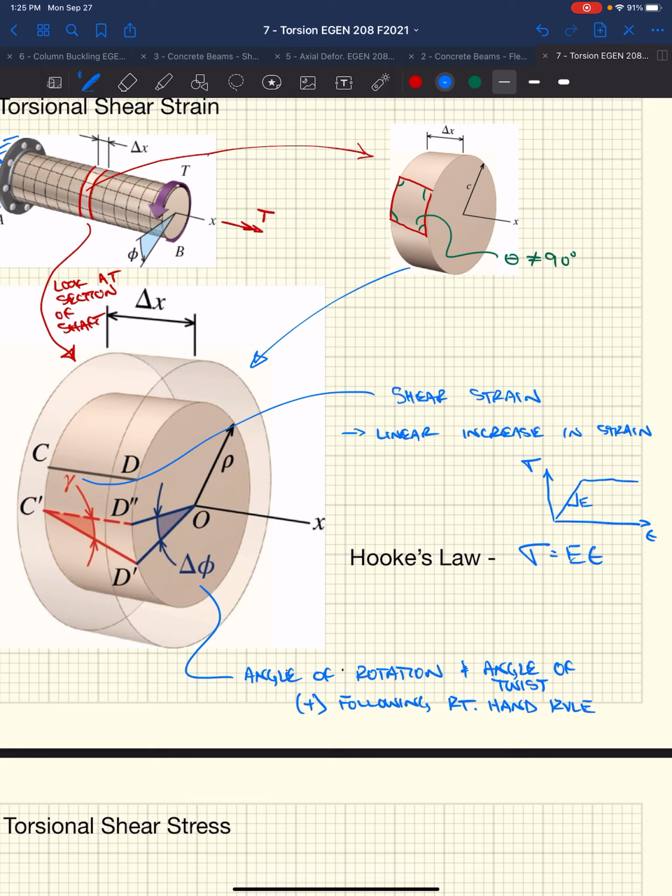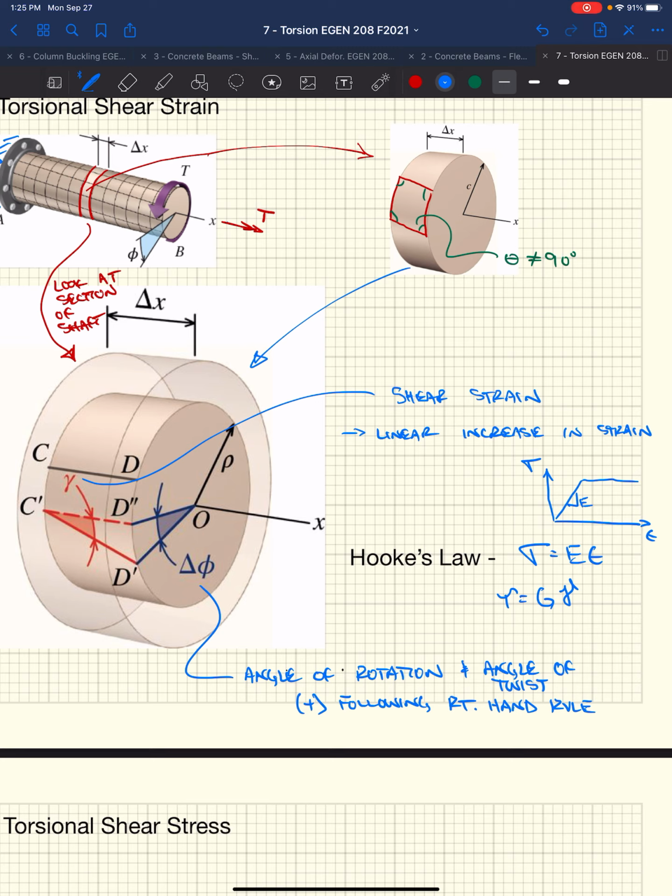Well, with Hooke's law, we also made a relationship between shear stress, our shear modulus of elasticity, and our shear strain.